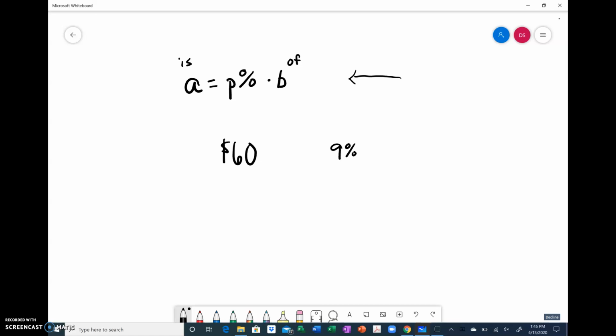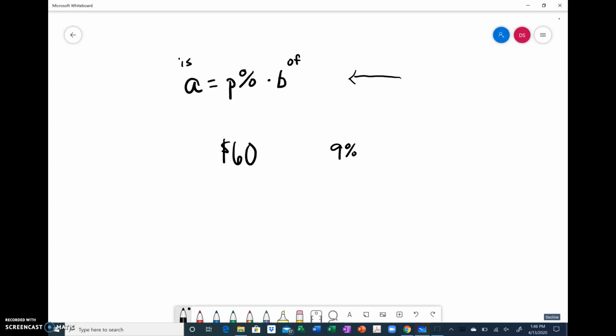But in this shoe store, the person probably gets a lower hourly rate, and then every time they make a sale, they get a percentage of the money. So in this case, this salesperson receives 9% of any sale of shoes in the store. This pair happens to be $60.